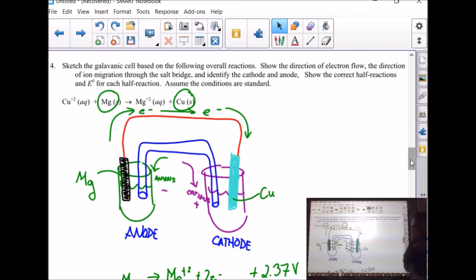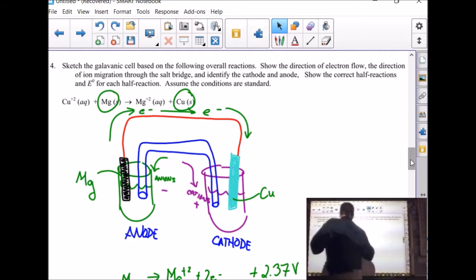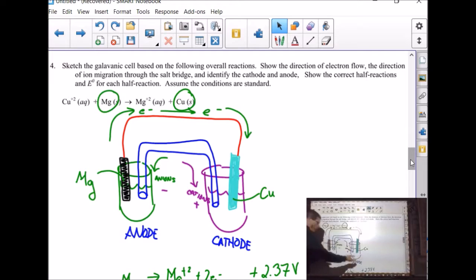No, I think I do it because I'm like alphabetical, but sometimes they'll just give you a galvanic setup, and it's up to you to make sure that you put the correct electrodes in the correct spot and then designate whether it's an anode or cathode. I don't care if you start with the cathode on the left side and the anode on the right, but if it's specific and says, okay, in this chamber we'll have reduction taking place, make sure that you design it accordingly.